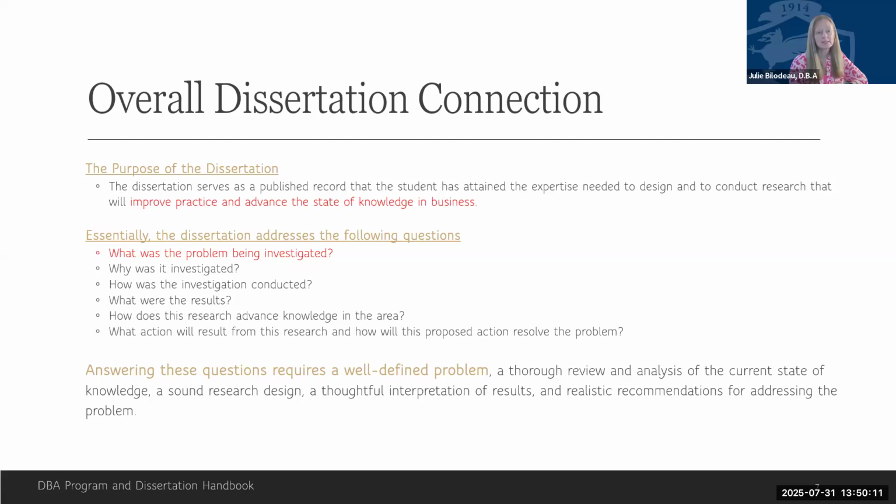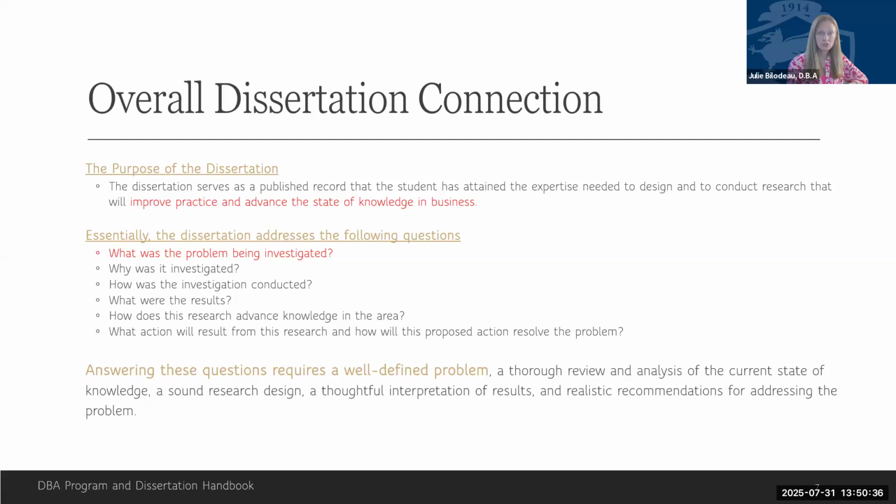So you can see in that second part there, the questions that the dissertation addresses. And that very first one is about the problem. What problem are you investigating? So I tell my advisees that we are going to spend a considerable amount of time on the problem statement. We've devoted a whole essentials session to it because it is so important.